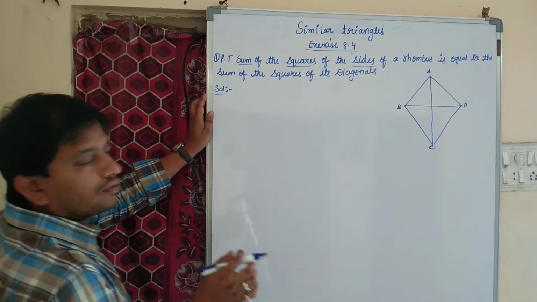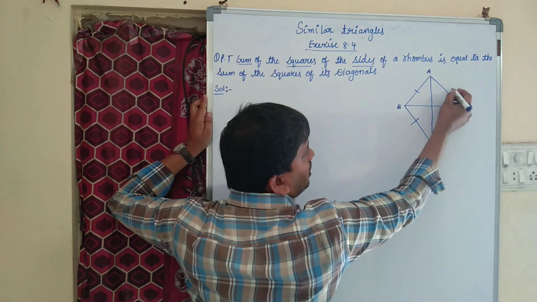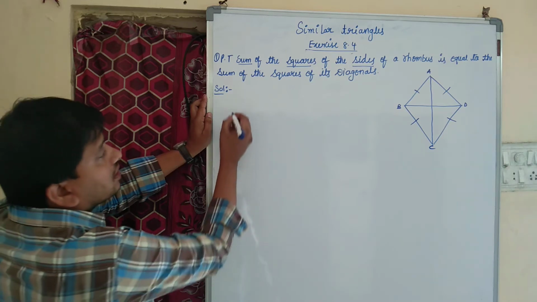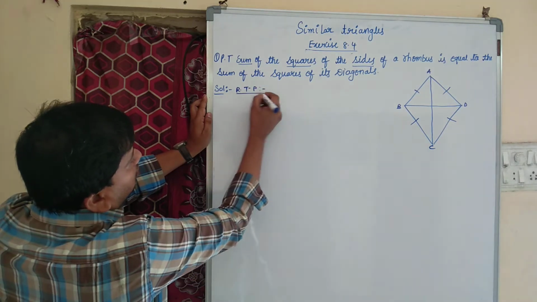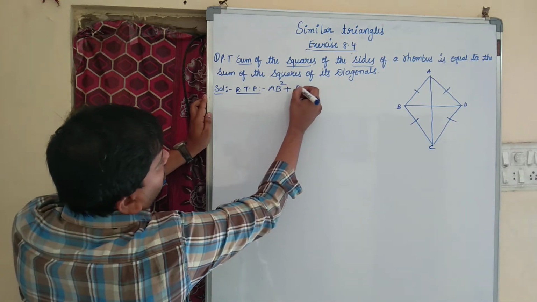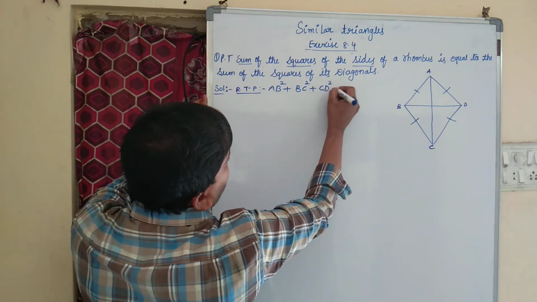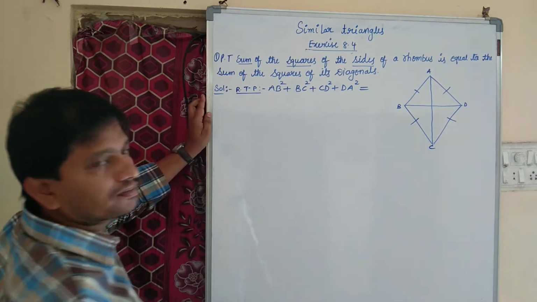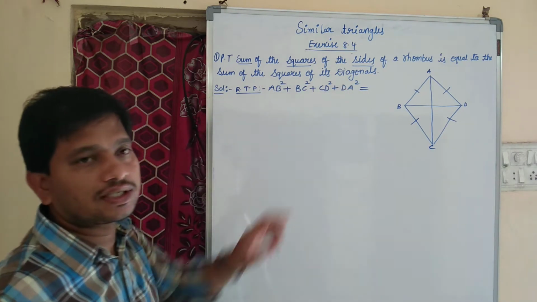Actually we have four sides: AB, BC, CD, DA. The sum of the squares of the sides, which we are required to prove, AB square plus BC square plus CD square plus DA square, is equal to the sum of the squares of its diagonals.